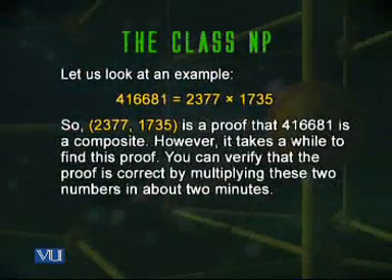The answer is what I claim. It is 416681. Thus, when you multiply these two numbers, you will get the answer back. So this is a bona fide proof that the number I just said is composite. Now, how did I find these two factors?